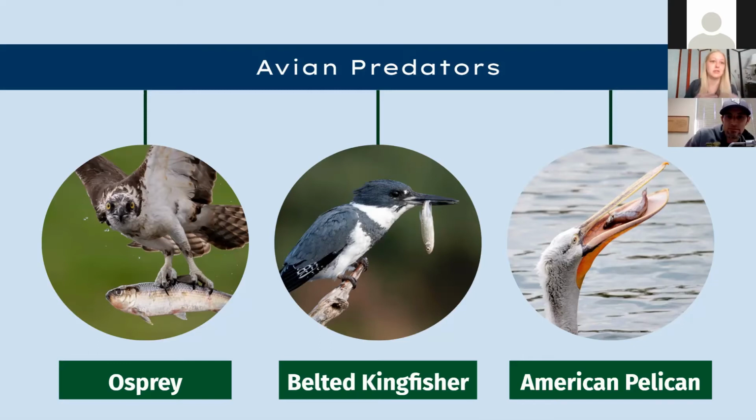So they'll locate a group of fish. They'll swim around it to kind of corral all of those fish into a certain area. They'll fly up into the air and then dive down at them in kind of a coordinated attack to be able to catch as many fish as possible. So they're very smart predators.